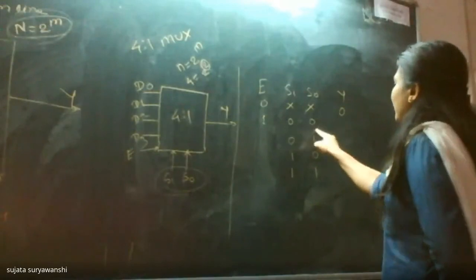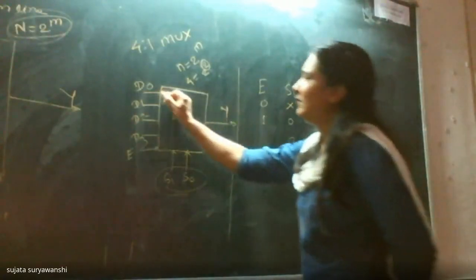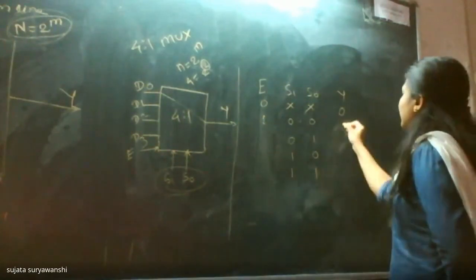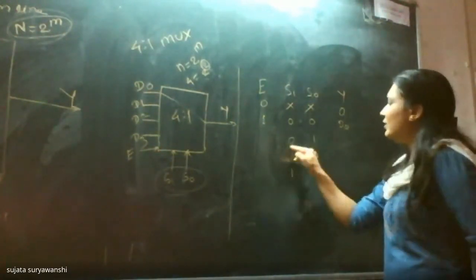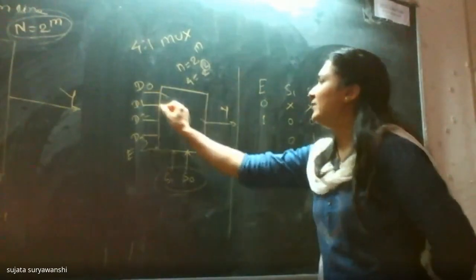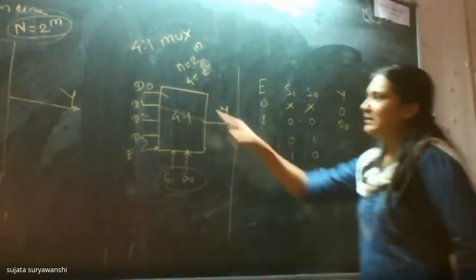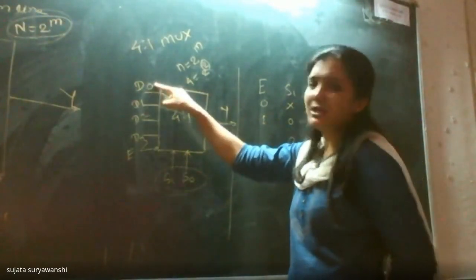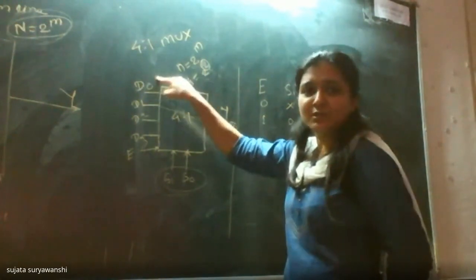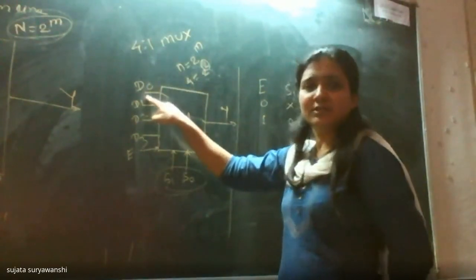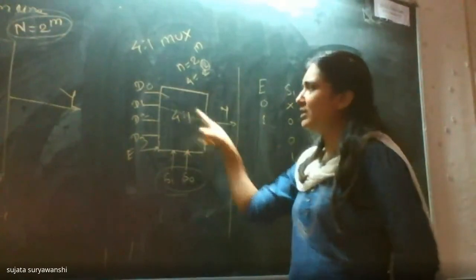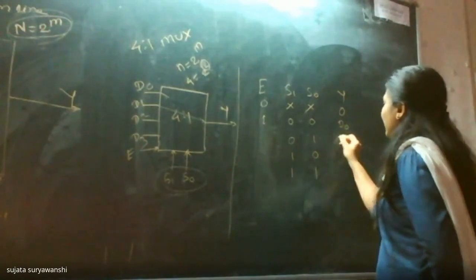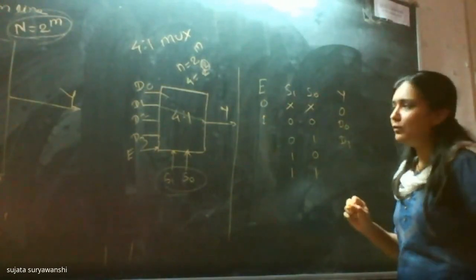For 0, 0, the first line, D0, will get connected to the output line. For 0, 1, the second line, D1, will get connected to the output line.